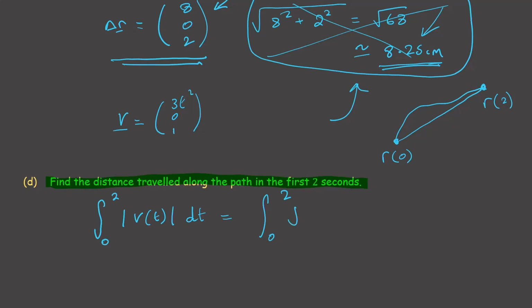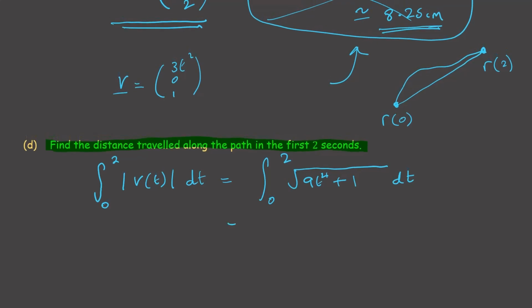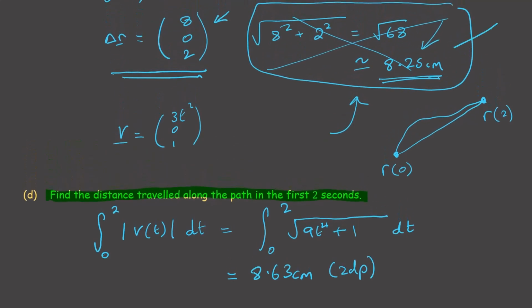And so that is going to be the square root of 9t to the 4 plus 1. And we can calculate that on the ClassPad. And that gives me 8.63 centimetres, correct to 2 decimal places. And actually, it's now worthwhile having worked this out, because we can see it's just a bit longer, which probably indicates that we've got it right.